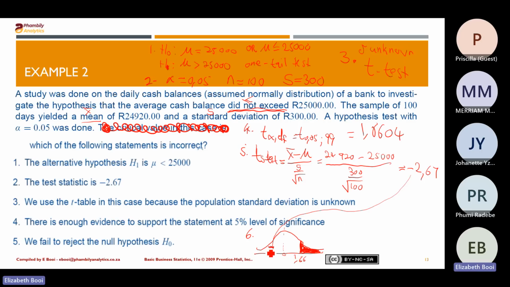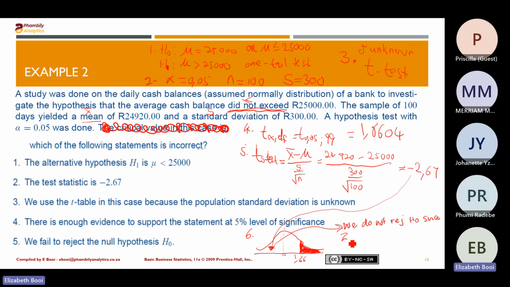And therefore, we're going to conclude by saying we do not reject the null hypothesis, since I'm writing it in a different manner now.